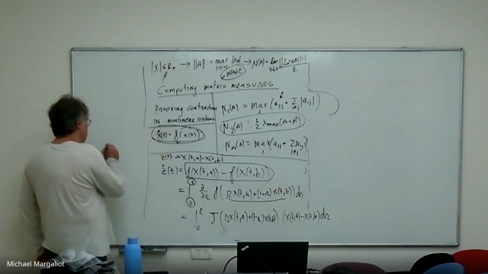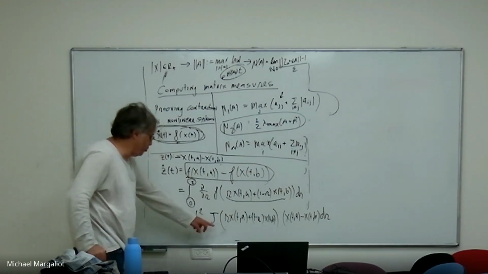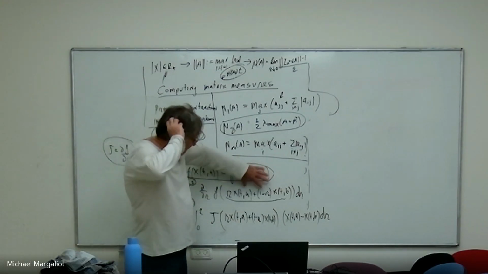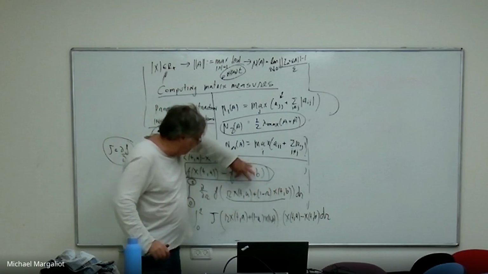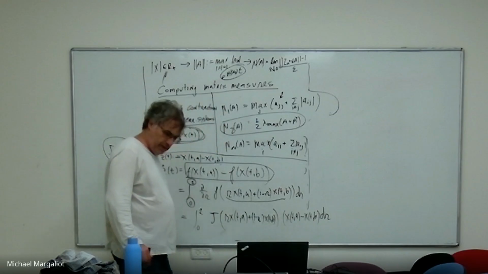The Jacobian was, by definition, df/dx. So I put here the Jacobian. And then I have to multiply by the internal derivative with respect to r, which is just x_t(a) minus x_t(b).